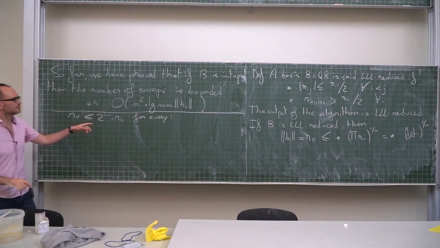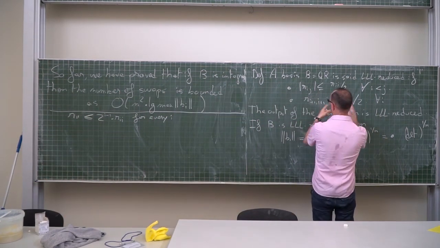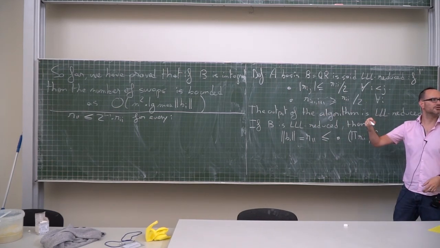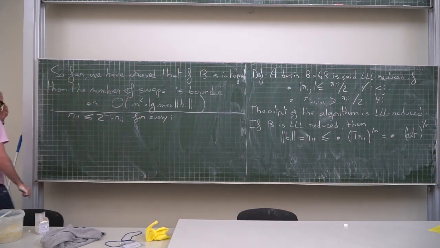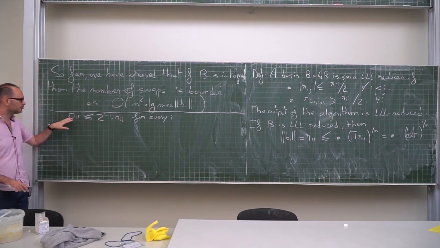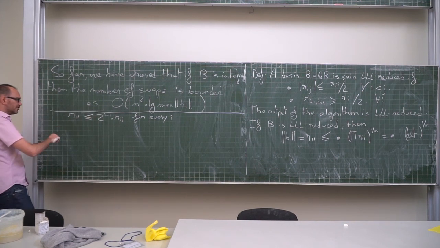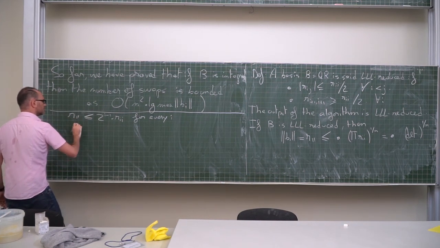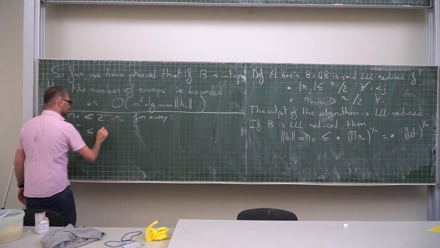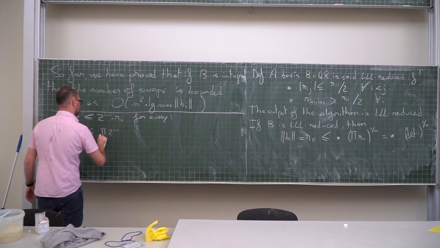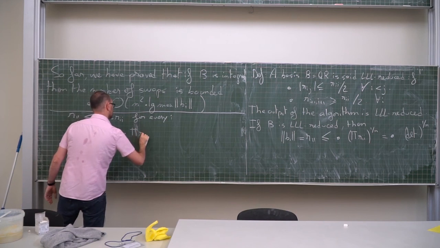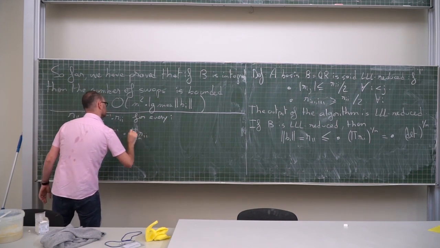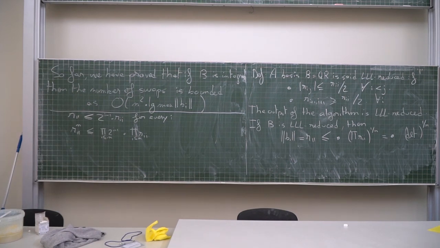Put differently, Rii is not too small compared to R11. I've prevented it from decreasing too fast. Okay, so now I do the product of all these things. So I get R11 to the n smaller than the product of the 2 to the i minus 1 for i smaller than n, times the product of the Rii. So I've made my determinant show up.